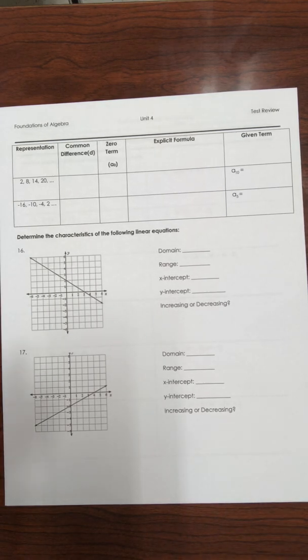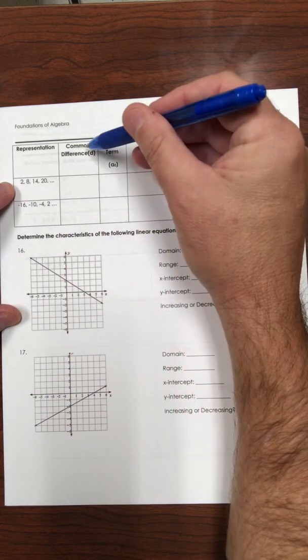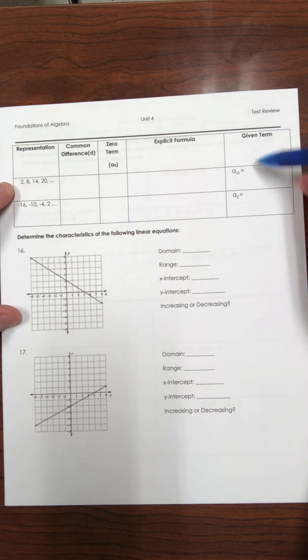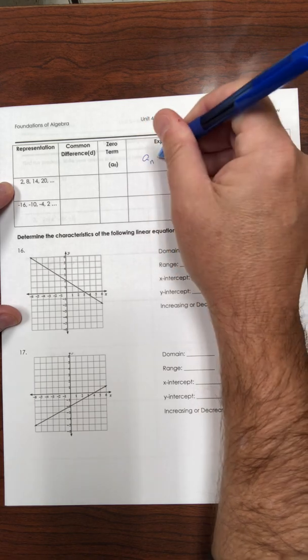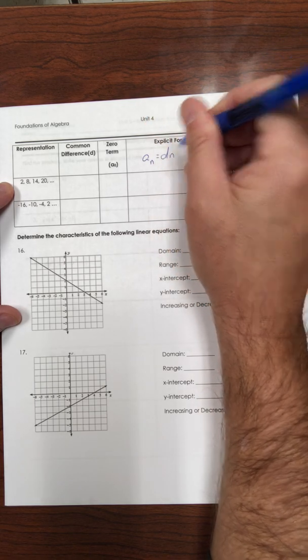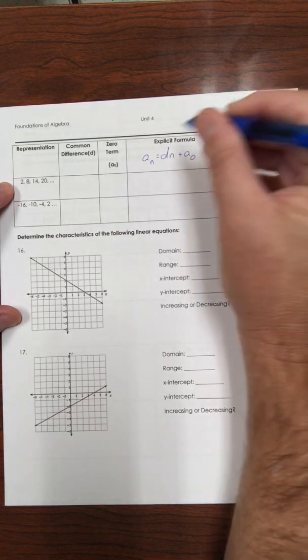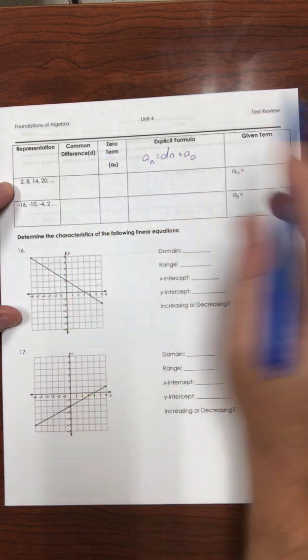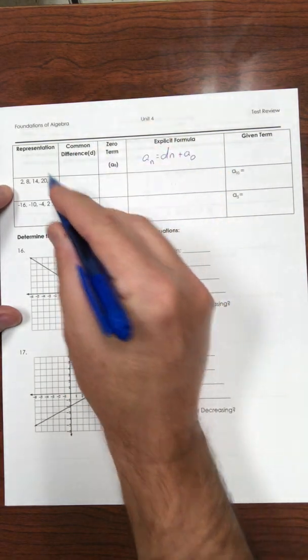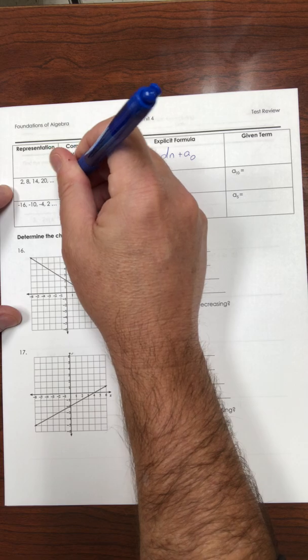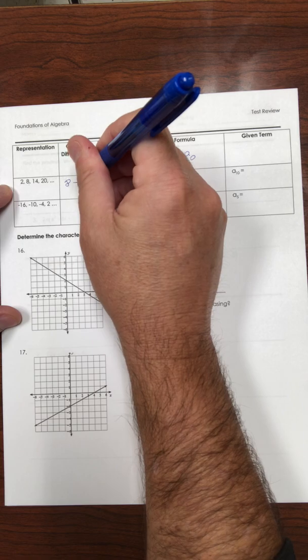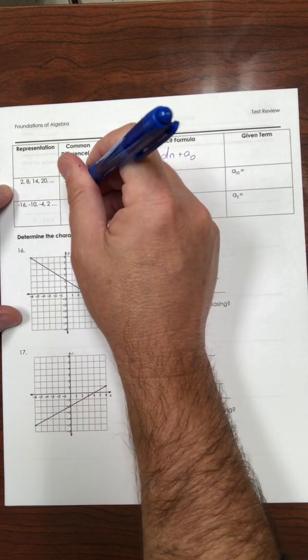All right, so now we're given 2 sequences. We have to find the common difference, the 0 term, the explicit formula, and we're going to look for these given terms. So remember, our explicit formula is going to be a sub n equals d times n plus a sub 0. So to write this, I've got to find my difference and my a sub 0. So remember, to find your common difference, you're going to take the second term, which is 8, minus the first term, which is 2, and that's going to give me a common difference of 6.